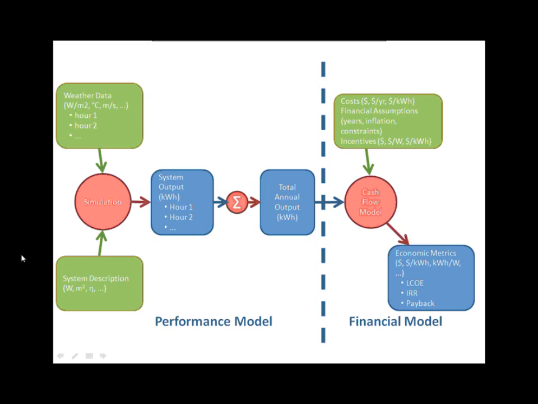So it uses the annual output of the performance model for year one, and then calculates the cost of operating the system for each year over a 20 or 30 year analysis period.